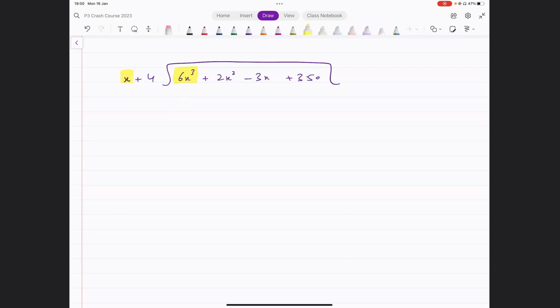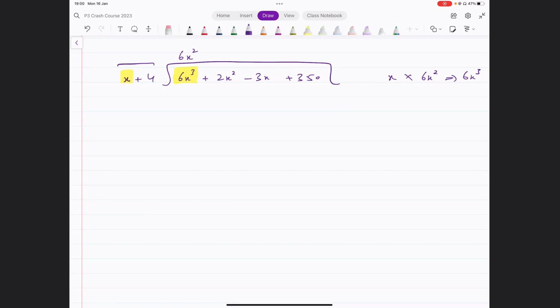x को किससे multiply करेंगे तो 6x cube आएगा? What do you think? x into 6x squared, that is going to give you 6x cubed. So that's how we start. That's the first term that we have in the quotient. We say, let's multiply x plus 4 with 6x squared first.